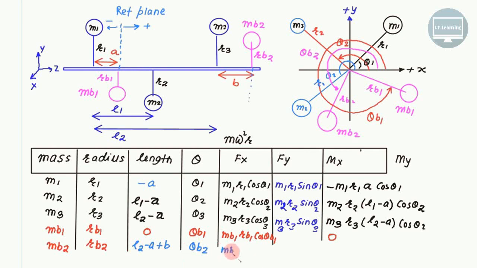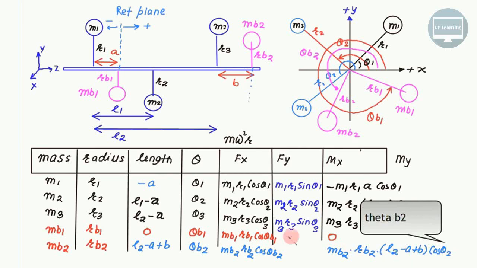Fx is MB2 multiplied by RB2 multiplied by cos of theta B2. This one is the sine column. And what is this value? It is MB2 multiplied by RB2 multiplied by the distance L2 minus A plus B multiplied by cos of theta.